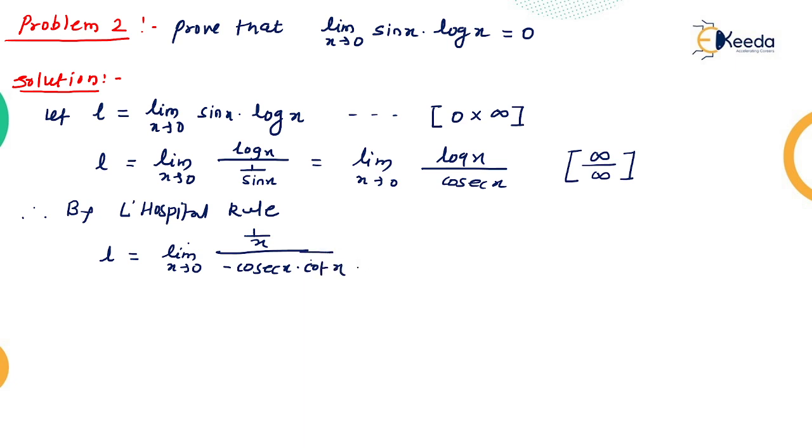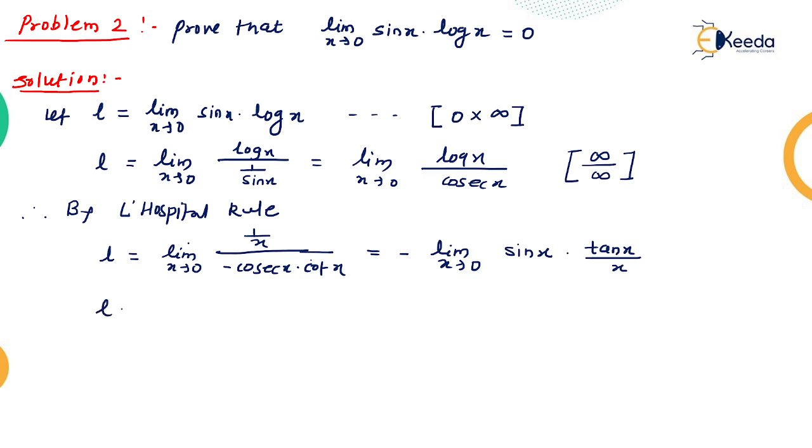Now you just have to adjust this. The minus sign I am taking outside the limit as x tends to 0. 1 upon cosec x becomes sin x, and what remains is cot x, which is nothing but 1 upon tan x, divided by x. I hope you understand this, right?